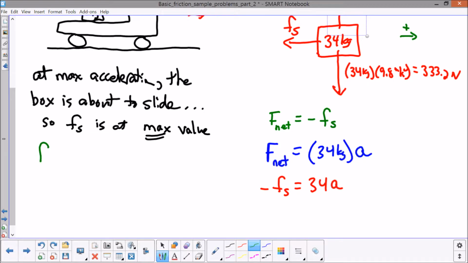Remember, the force of static friction is less than or equal to the coefficient of static friction times the normal force. So that means that the maximum value of static friction is when it's equal to the coefficient of static friction times the normal force.